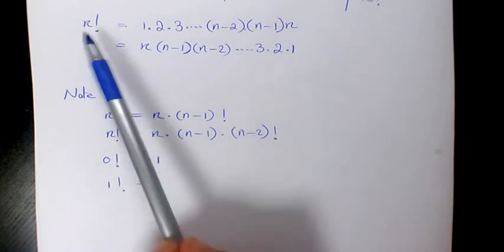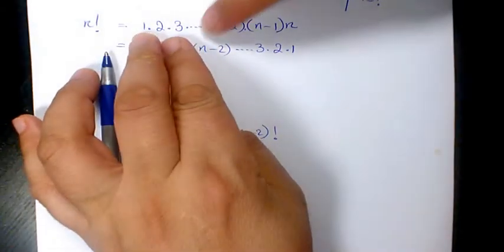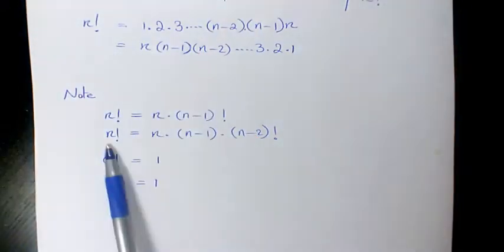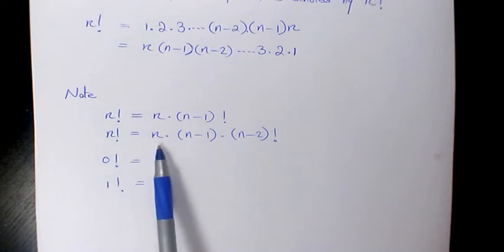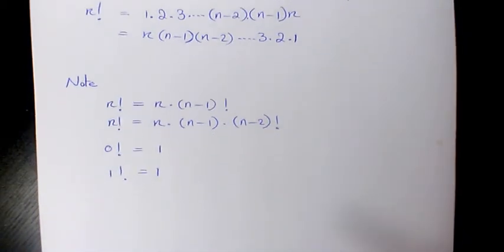Or you can say n factorial equals n times n minus 1 times n minus 2 factorial, which you have in here. And two very important notes: 0 factorial is 1, and 1 factorial is 1 as well. So 0 factorial and 1 factorial, both of them are 1.